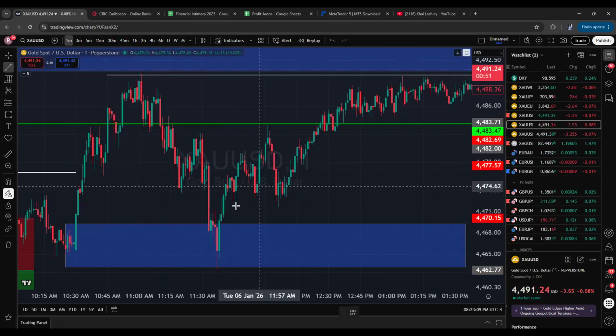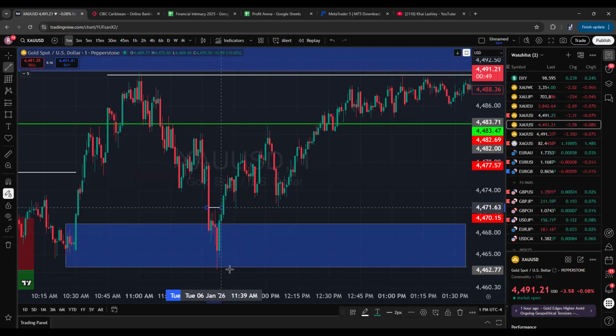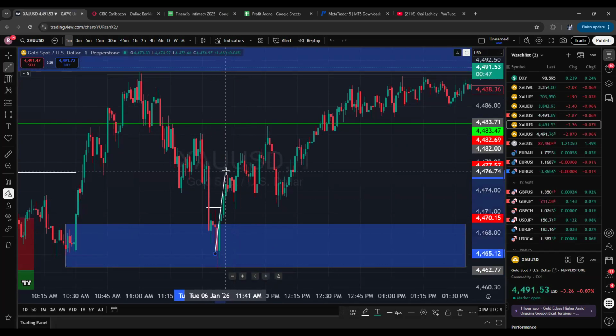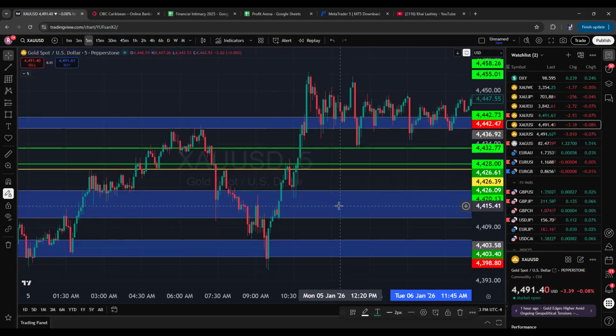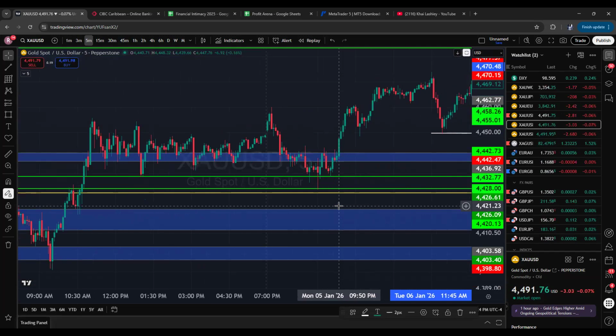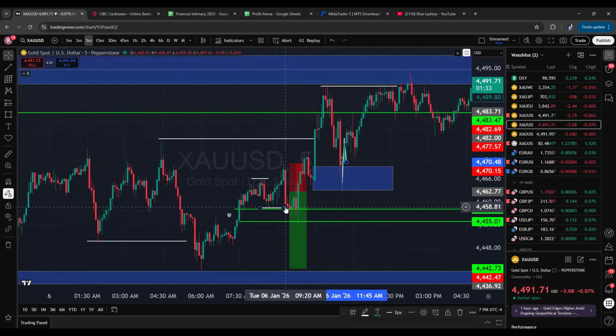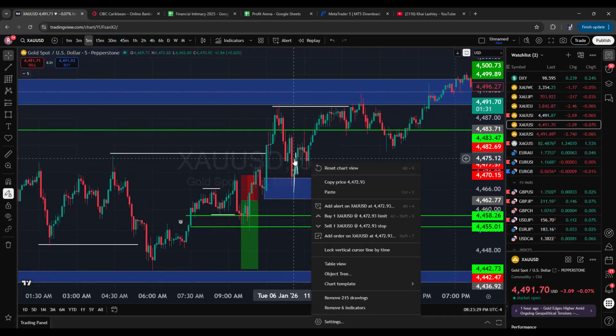So that would be a 1 minute push up above, pull back, and then run an entry at this point. Same principle. You definitely wouldn't have got it on a 5 minute time frame, but you see the principle.